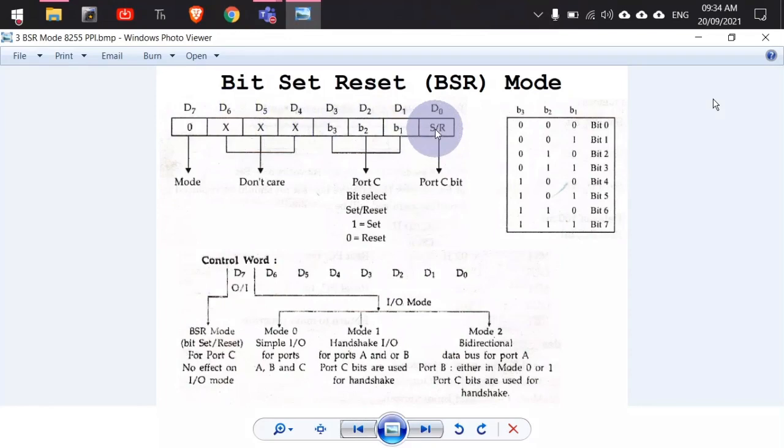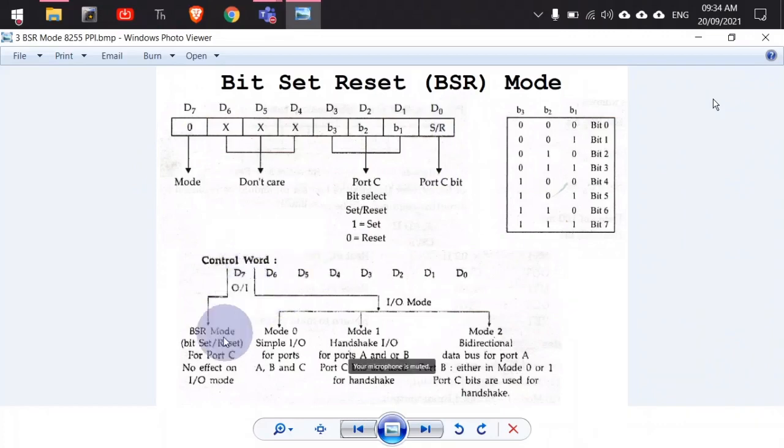But if this bit is not 0, then there will be different interpretation of these bits, right? So this control word register is not fixed in terms of the interpretation. The interpretation of the rest of the bits, that is D0 to D6, will depend on whether this is 0 or 1. Whether this is 0 or 1 will decide what is the meaning of all the remaining bits.